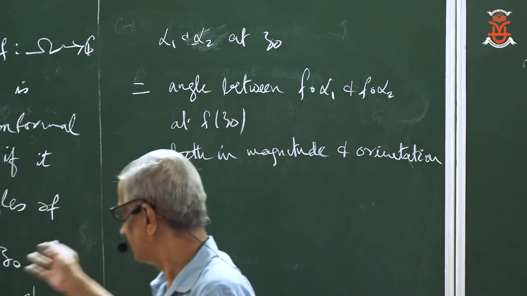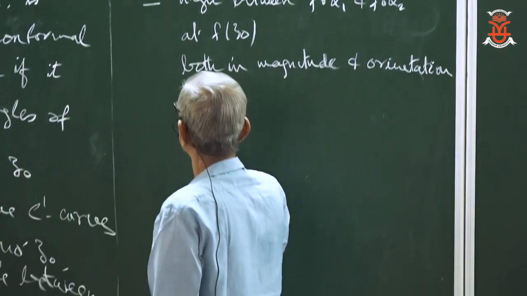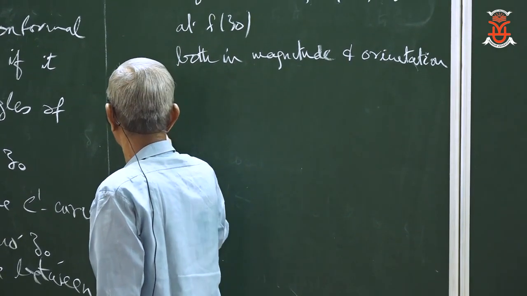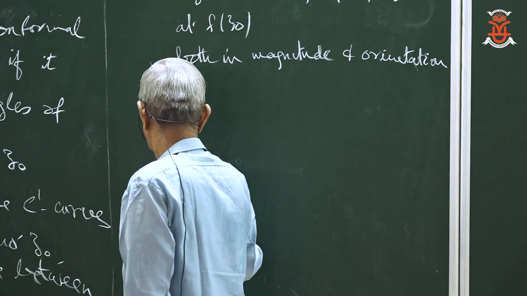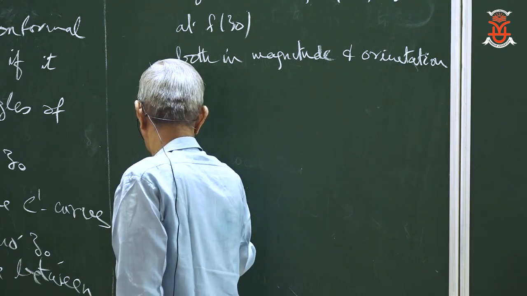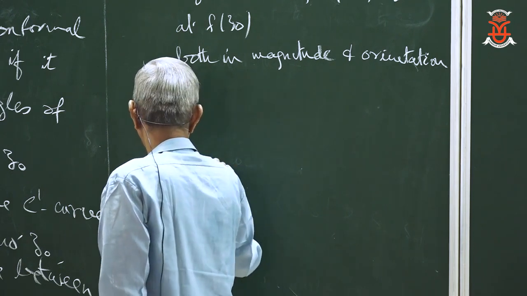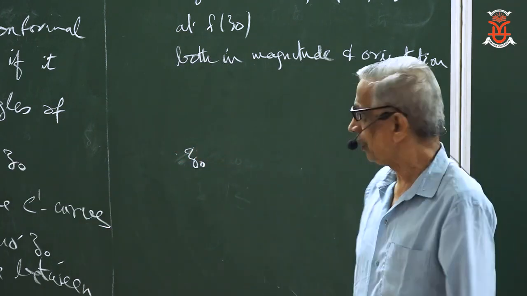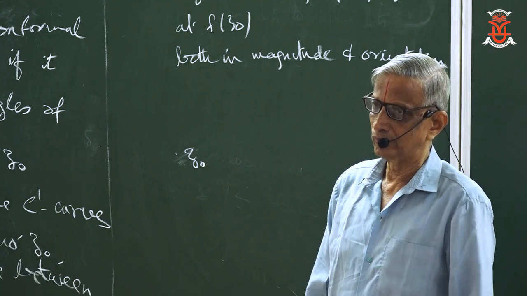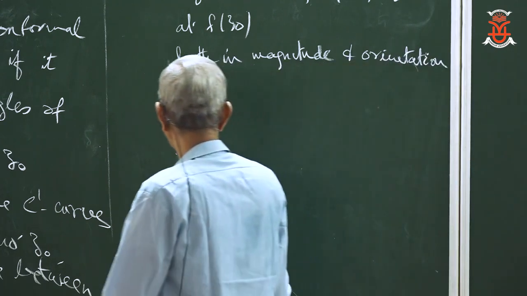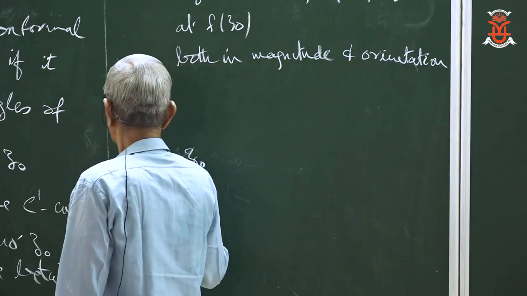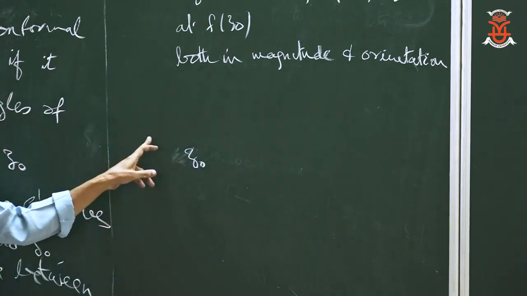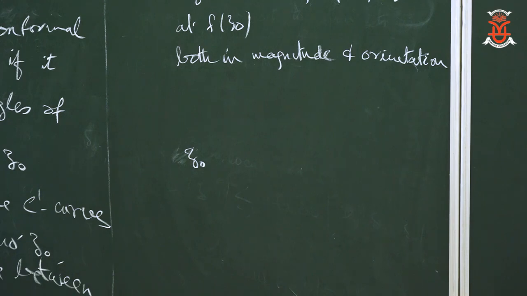So what are the tangents? Suppose you're starting with z naught. So both alpha 1 and alpha 2 pass through z naught. So let's say alpha 1 at t naught is z naught, right?